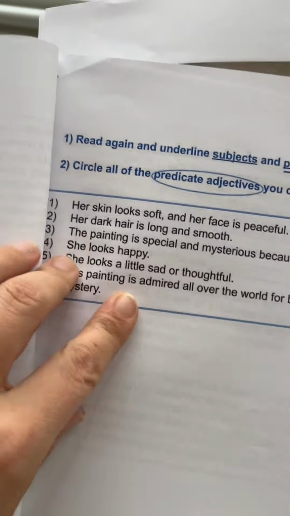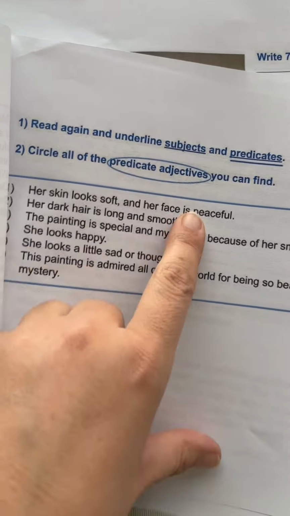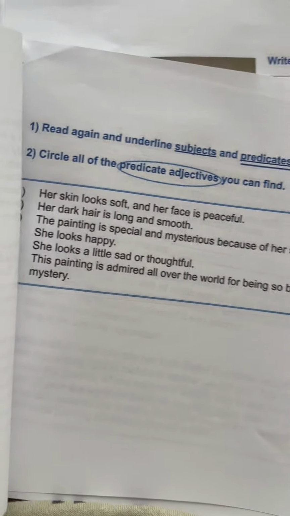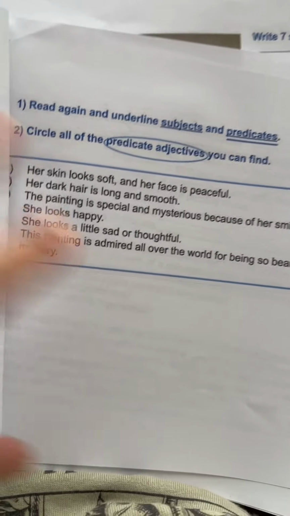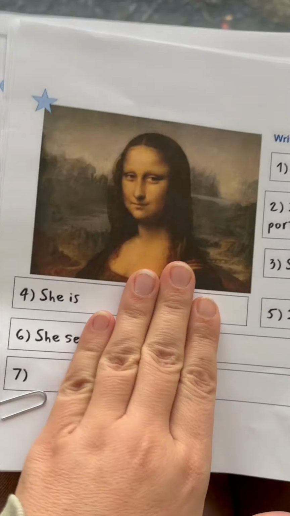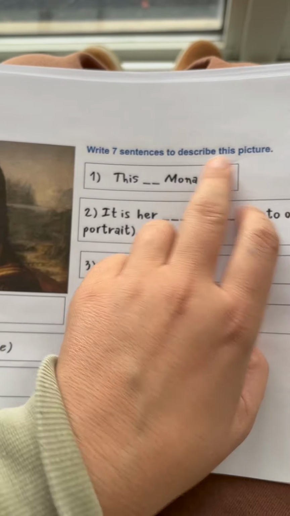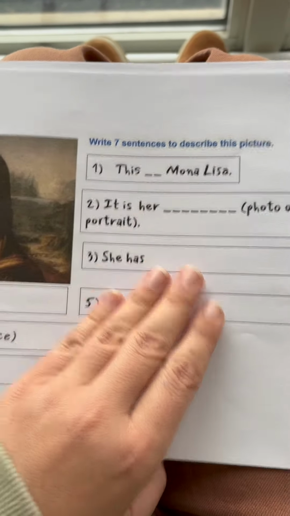However, I went ahead and typed up all of the sentences that have predicate adjectives. So this way they don't necessarily need to go back to the text and reread it, but they already have them here and now they need to identify them here. Now for my stars, for my fresh beginners, and for my kiddos who are dually identified, they have the picture of Mona Lisa, and now they will need to write 7 sentences to describe the picture using these sentence frames.